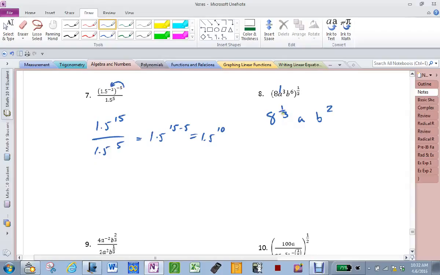Yeah. 3 is the index, 8 is the radicand, and it's all to the power of 1. Do I have a root to the power of 1? No. What's the cube root of 8? 2. A is positive, so where does it go? Nowhere. It stays in the numerator. B squared is positive, so where does it go? Stays up top. Done.